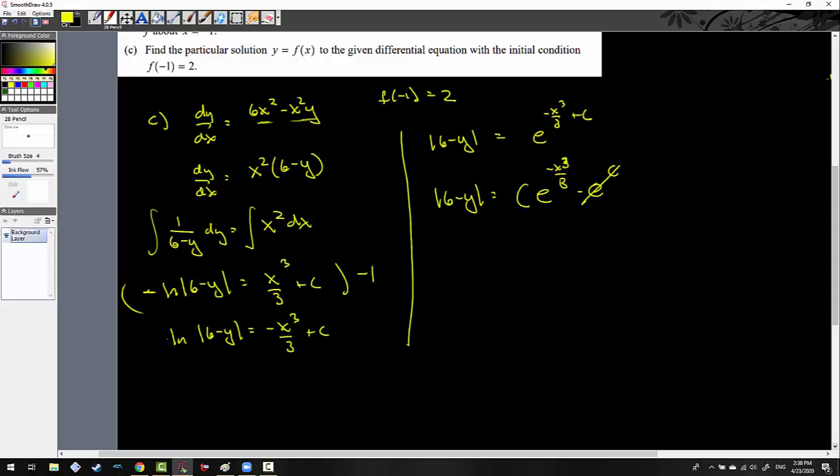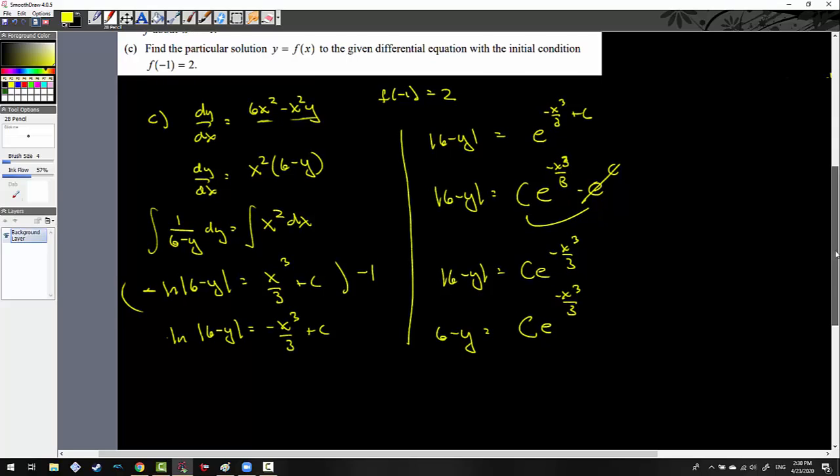So we get absolute value of 6 minus y equaling c e to the negative x cubed over 3. The absolute value of 6 minus y is plus or minus c, so 6 minus y equals c e to the negative x cubed over 3, because remember, regardless of whether c is a positive constant or a negative constant, it is just a constant.